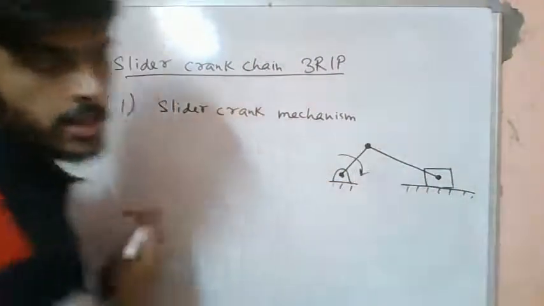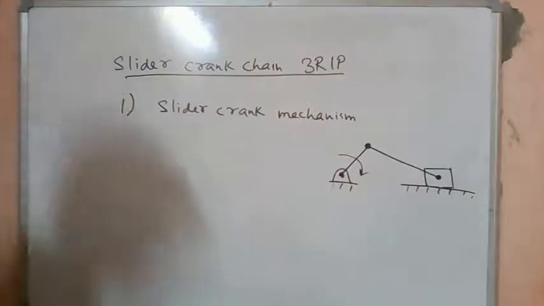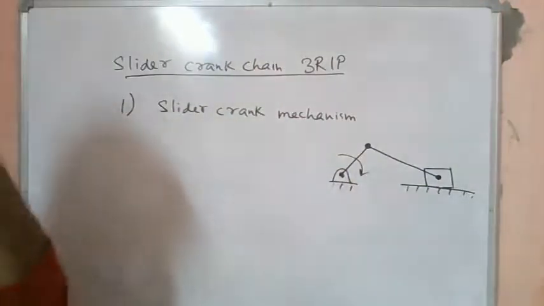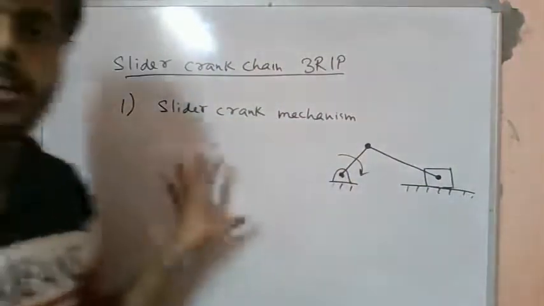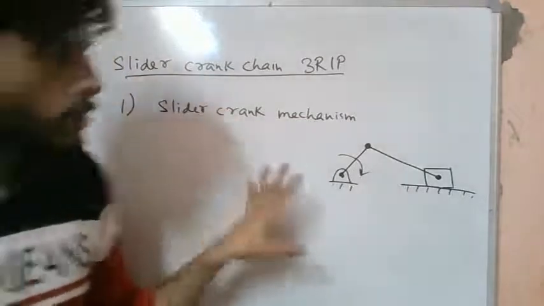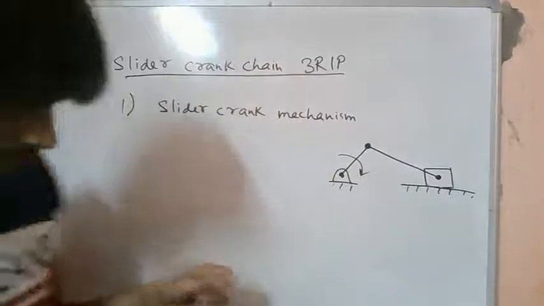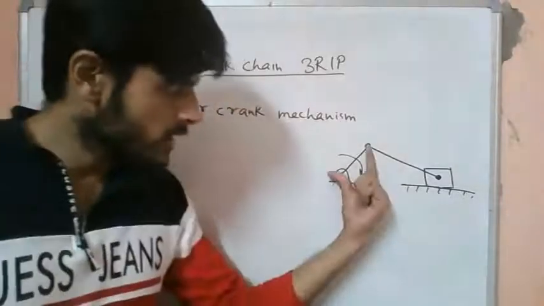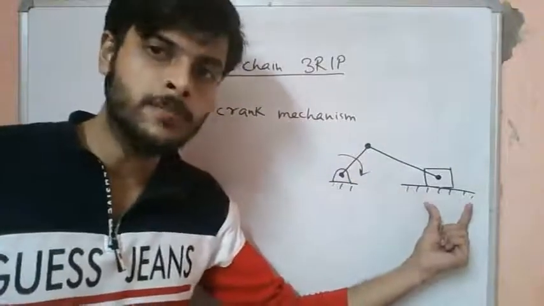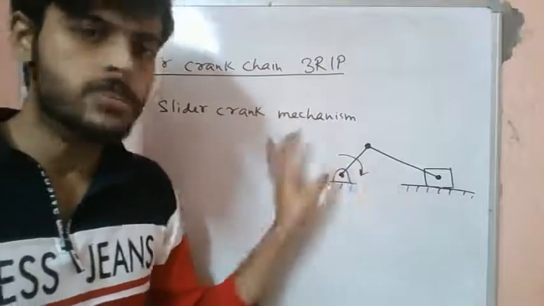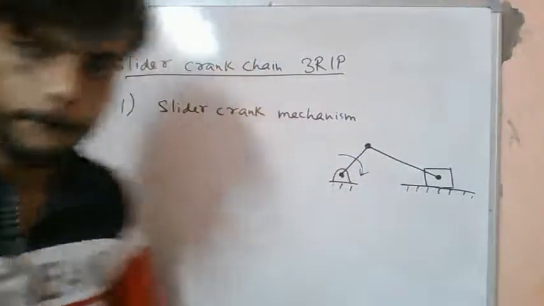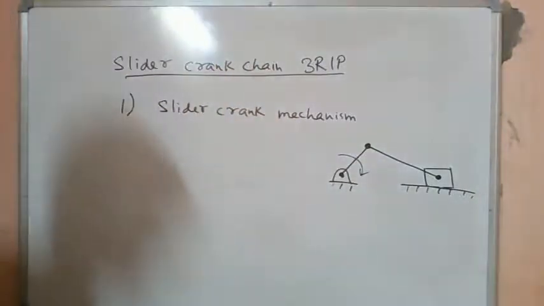This is the first inversion of the slider crank chain. These kinds of systems are used in engines and compressors. If this crank is driven by the piston, it is an engine. If this piston is driven by the crank, it is a compressor. This is a slider crank chain.